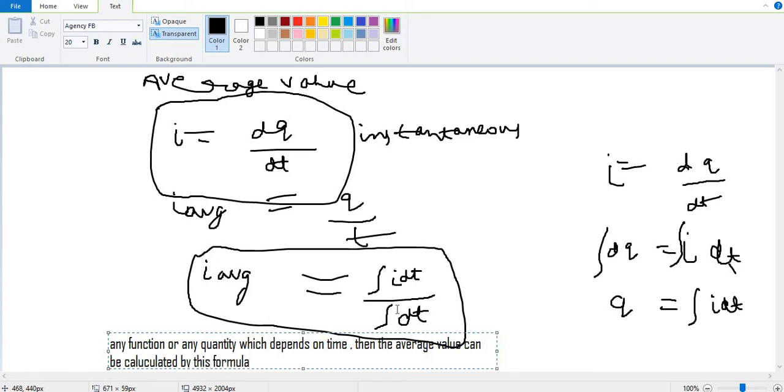I average is equal to integration of I dt by integration of dt, when the function or any quantity depends upon the time. Then we will calculate the average value by this formula.